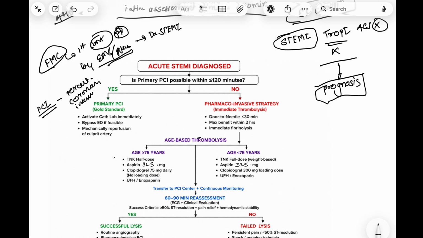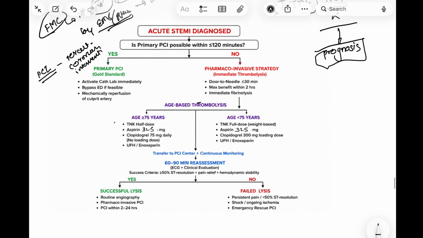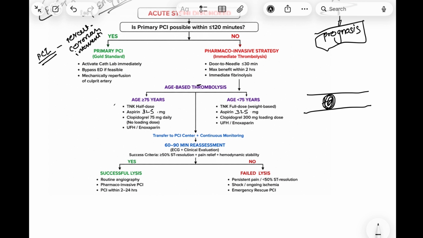Now what does it exactly mean? Understand, suppose this is your vessel, and it is blocked by a thrombus. To remove this thrombus, we have two options. The first one is medical, that is, we give some medication to remove this thrombus, or the second is to go mechanically, in which we insert a stent or balloon, and this balloon will inflate at this thrombus and clear the path.